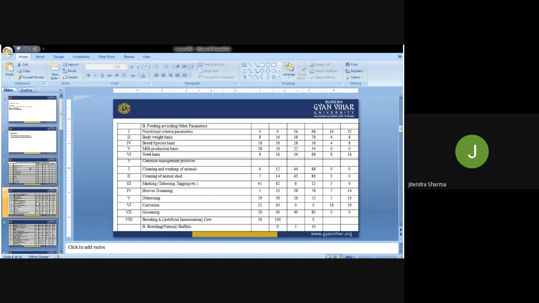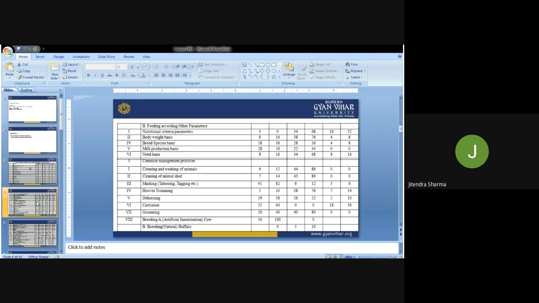Because this trimmer is a costly instrument, it is generally not available everywhere, so sometimes they use the services of a veterinarian who has this kind of instrument. They trim the hooves, but 14% least bother about this.